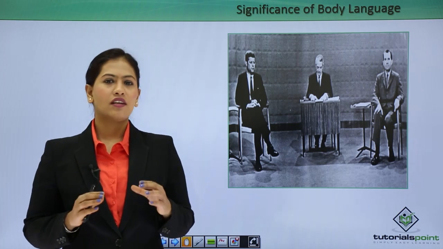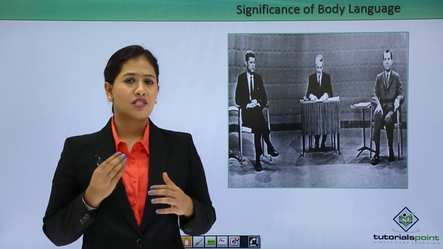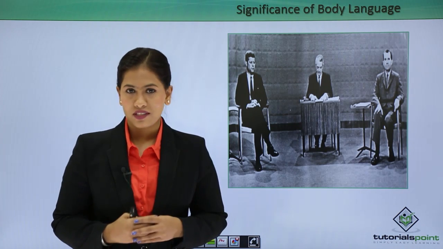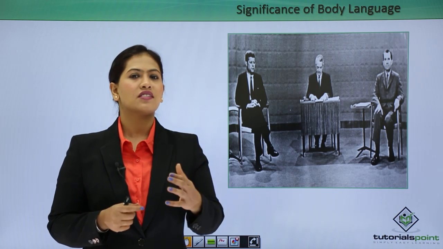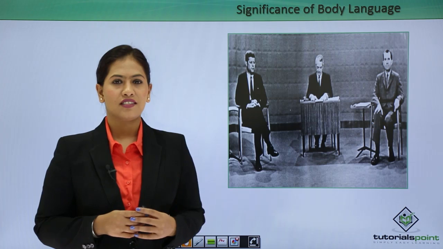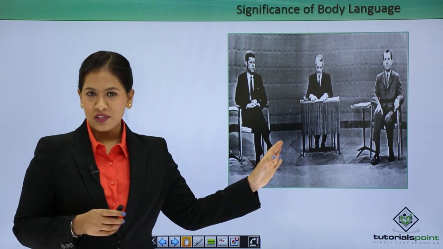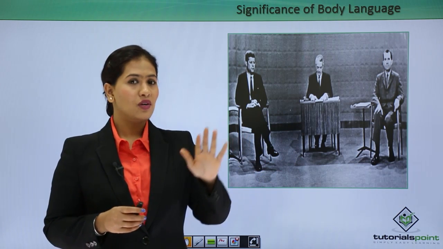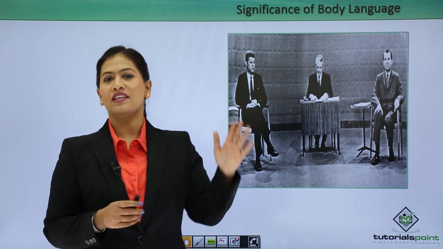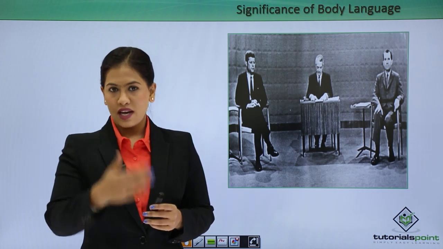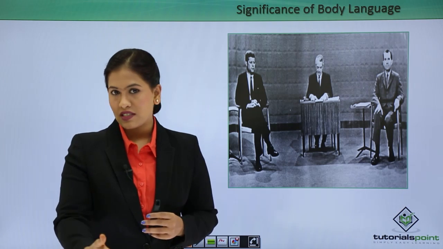Historically, each time John F. Kennedy spoke, because of the way he projected his body language, he was well received by the audience. Richard Nixon, though a seasoned campaigner who was widely accepted earlier, now saw his acceptance level go down.